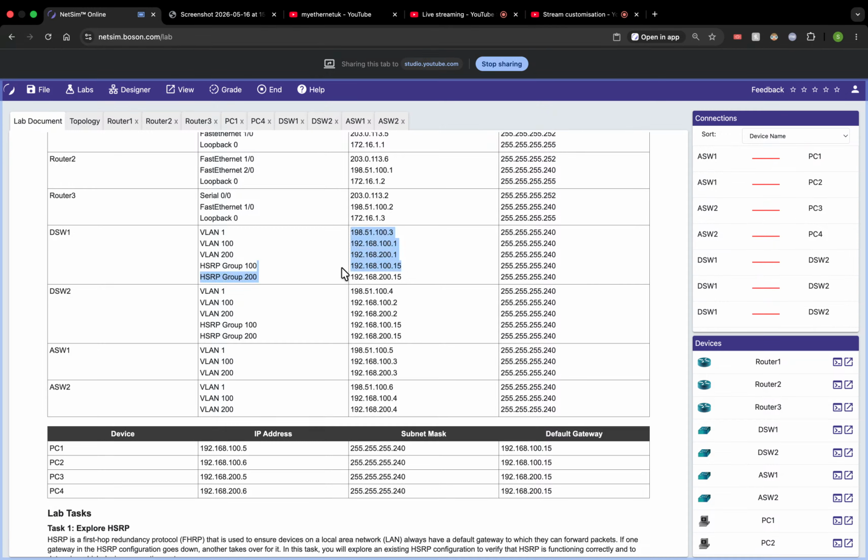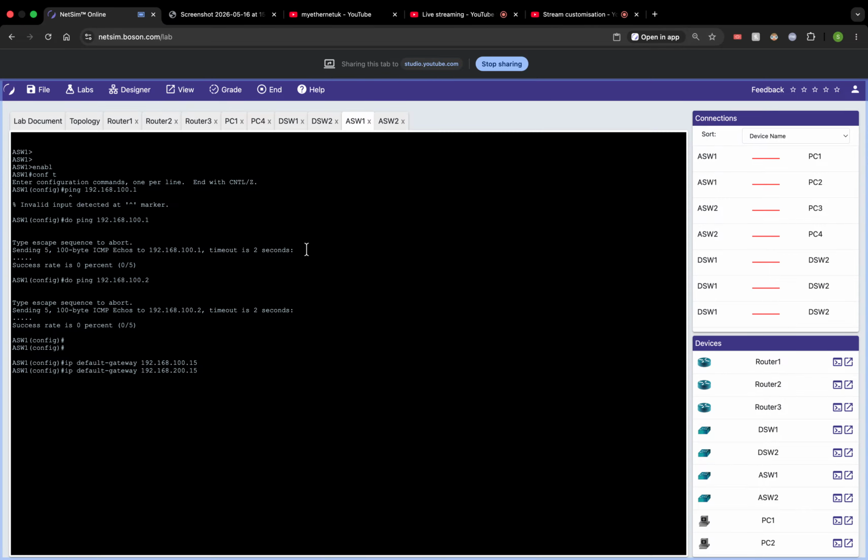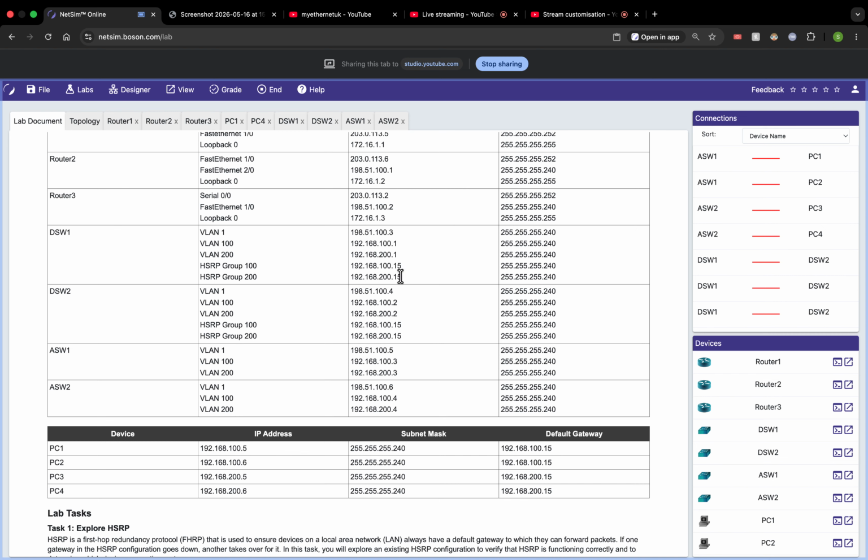DSW2 uses 100.2 for VLAN 100. DSW1 uses 200.1 for VLAN 200, and DSW2 uses 200.2 for VLAN 200. So the clue is in the third octet, which indicates the VLAN it's connected to.